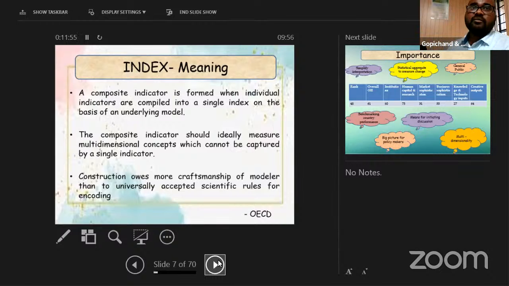And a composite index is an ideal measurement for a multi-dimensional concept. We use many dimensions in this, and construction owes to craftsmanship. In index development, craftsmanship, knowledge or understanding of the concept is more important than universally applicable scientific rules.